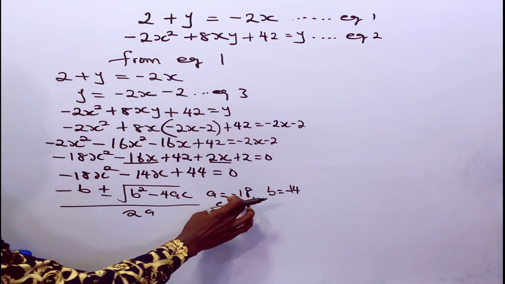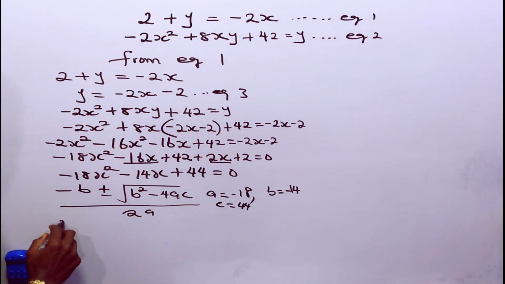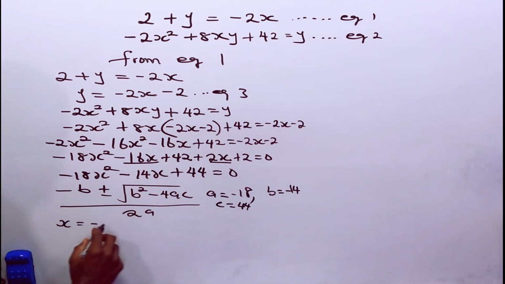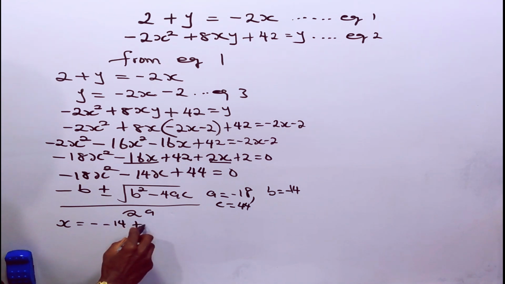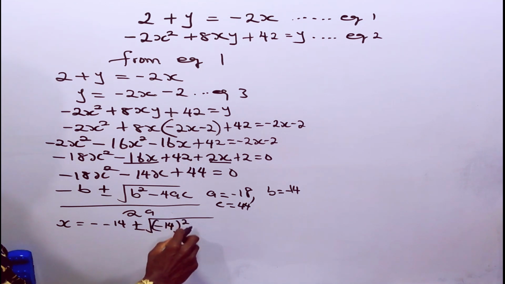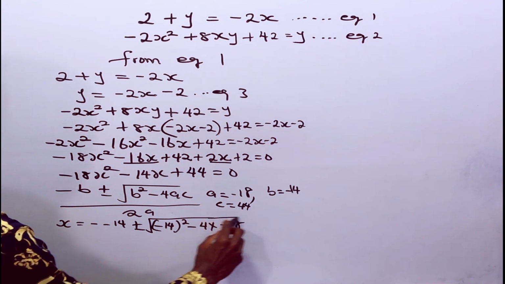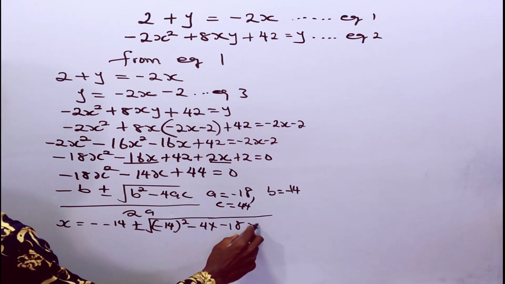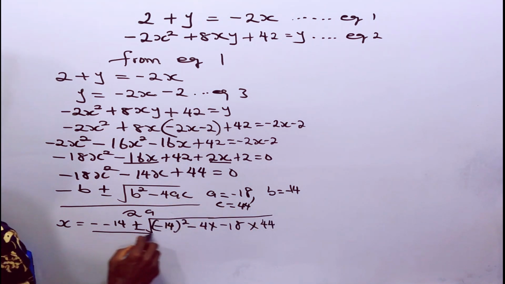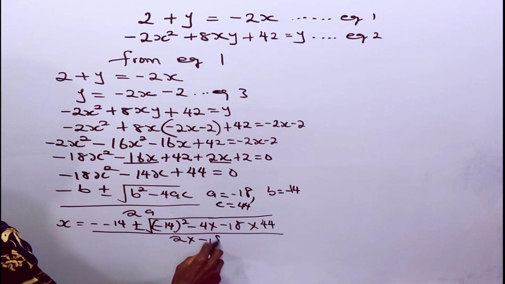So let's substitute a as negative 18, b as negative 14, c as 44 into this, so that our x will be equal to negative negative 14 plus or minus the square root of negative 14 squared, minus 4 times negative 18, then times c, which is 44, over 2 times a, which is negative 18.